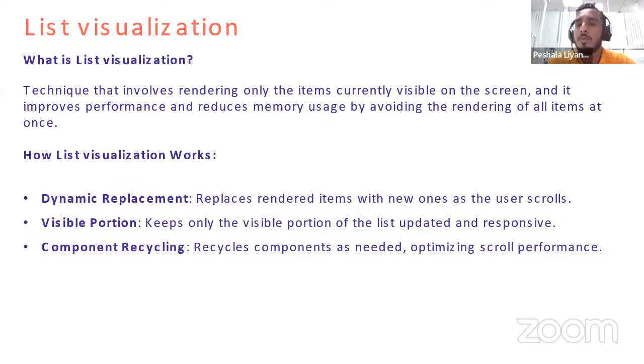Even pagination is one of the virtualization methods. Basically, list virtualization works by replacing the rendered items with new ones as the user scrolls down.